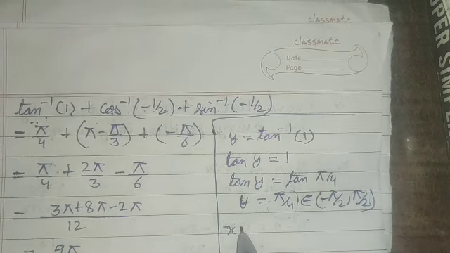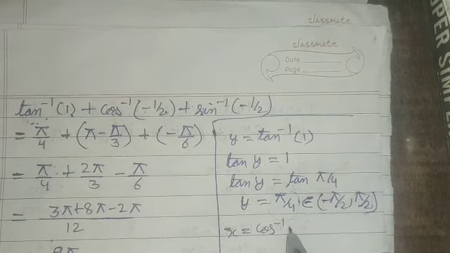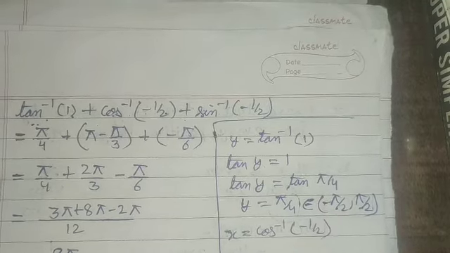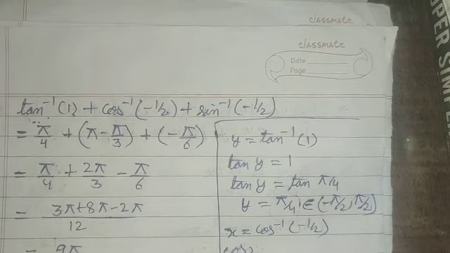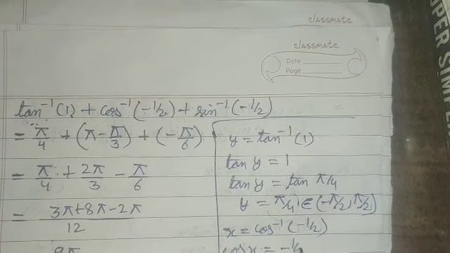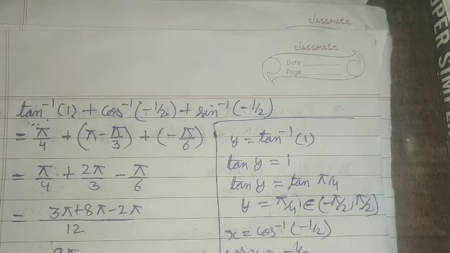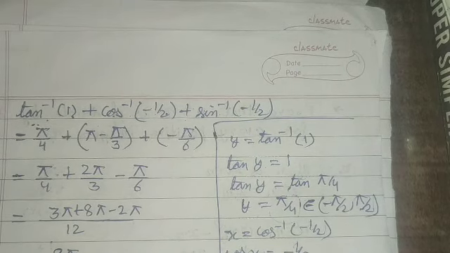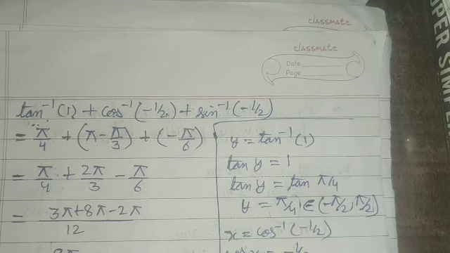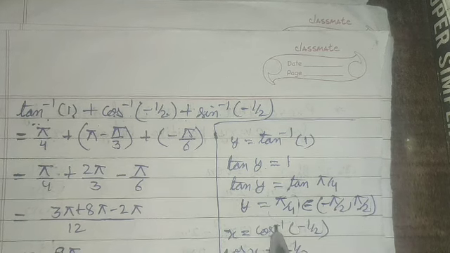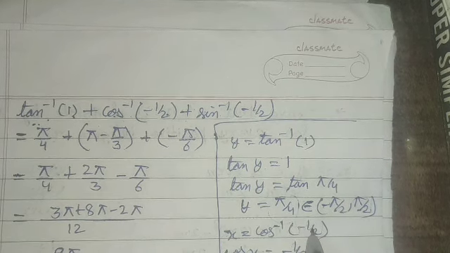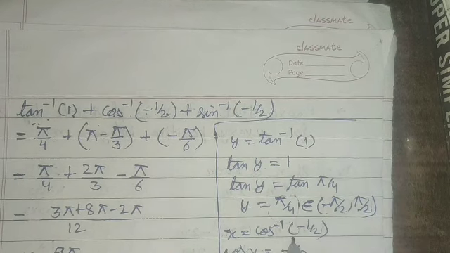Now I am taking x equal to cos inverse minus 1 by 2. This means cos x will be minus 1 by 2, and again we have done this earlier: we have to find the principal value of cos inverse minus 1 upon 2. This is the same as we did in question number 5.